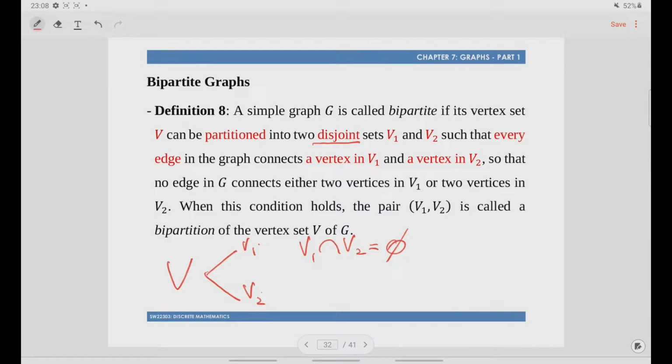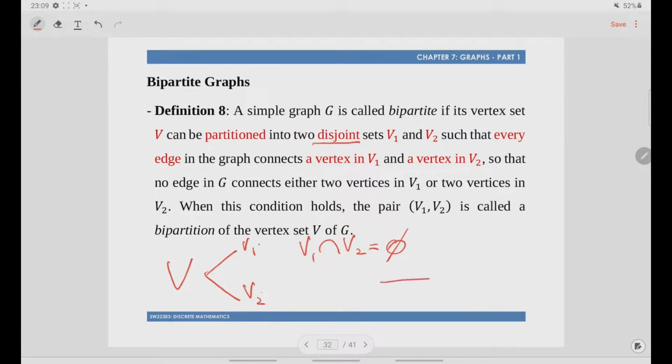The second condition is that every edge in the graph connects one vertex in V1 and one vertex in V2.